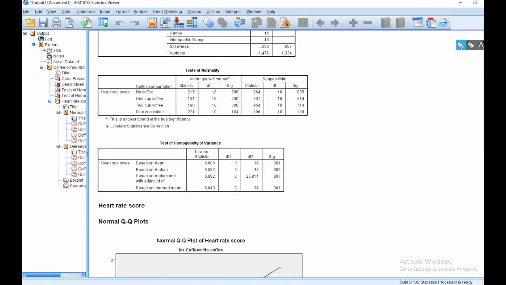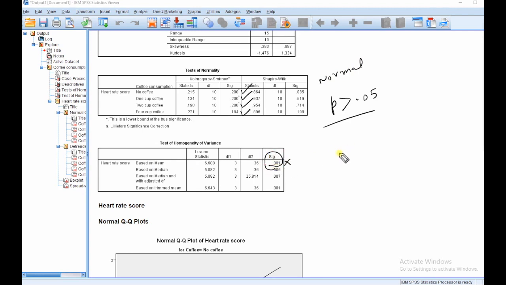Now we check whether our data is normally distributed or not, and whether the data is homogeneous or not. So this is my output. In the normality results, this data is normal, this is normal, this is normal, this is normal, because all the p values are greater than 0.05. So data is normal. Then for homogeneity, this p value is 0.001.